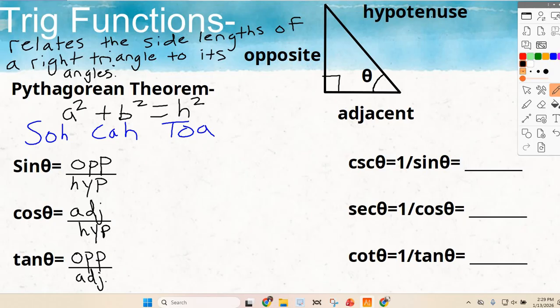But the nice thing is that because we know what sine, cosine, and tangent are, we can just flip each of these fractions, and that's going to be cosecant, secant, and cotangent. So we would have hypotenuse over opposite, hypotenuse over adjacent, and adjacent over opposite.